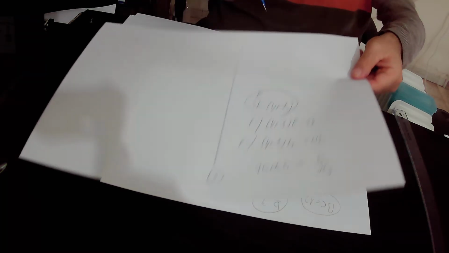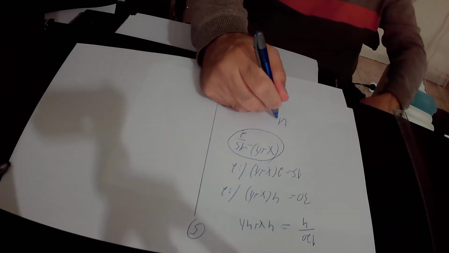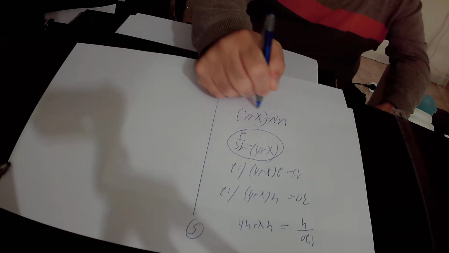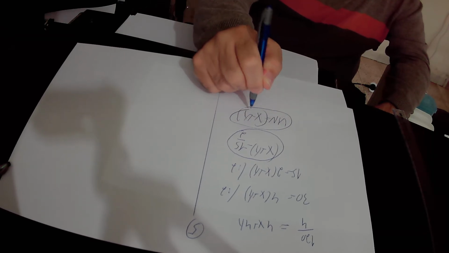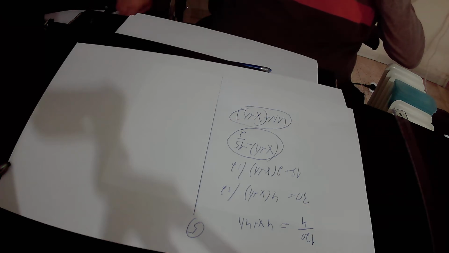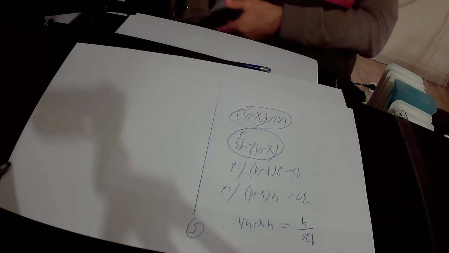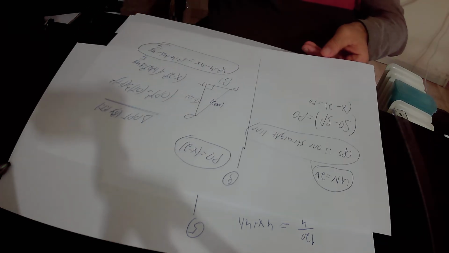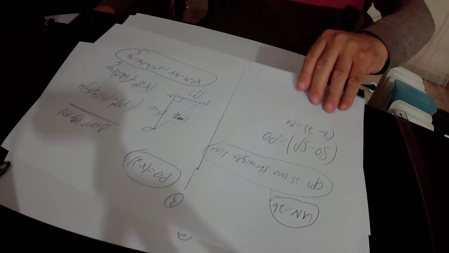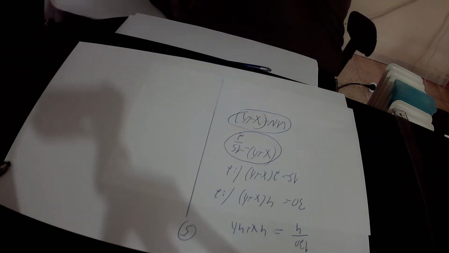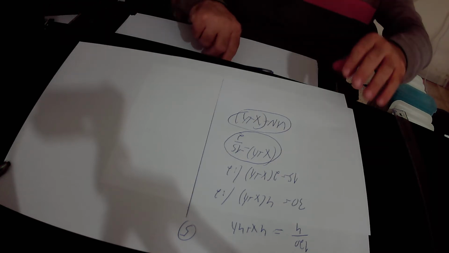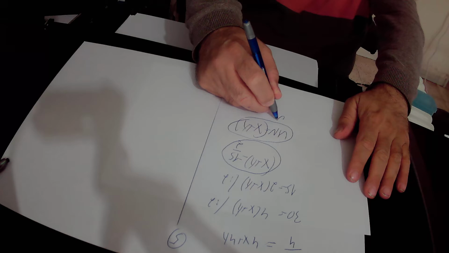You can write here that UN equals x plus h from one side, but from the other side we have already found out that UN equals 2b. You can write here that UN equals also 2b.